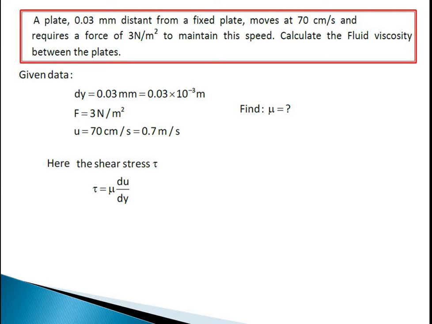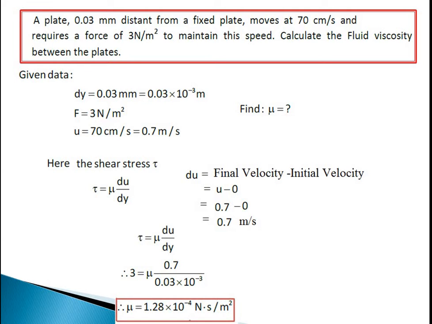Now we know that shear stress tau can be given as mu into du by dy. So du is the final velocity minus the initial velocity. The final velocity, as we know, is 70 centimeter per second. The initial velocity, since the plate starts to move from rest, is 0. So du is equal to 0.7 meter per second. Now tau is mu into du by dy.